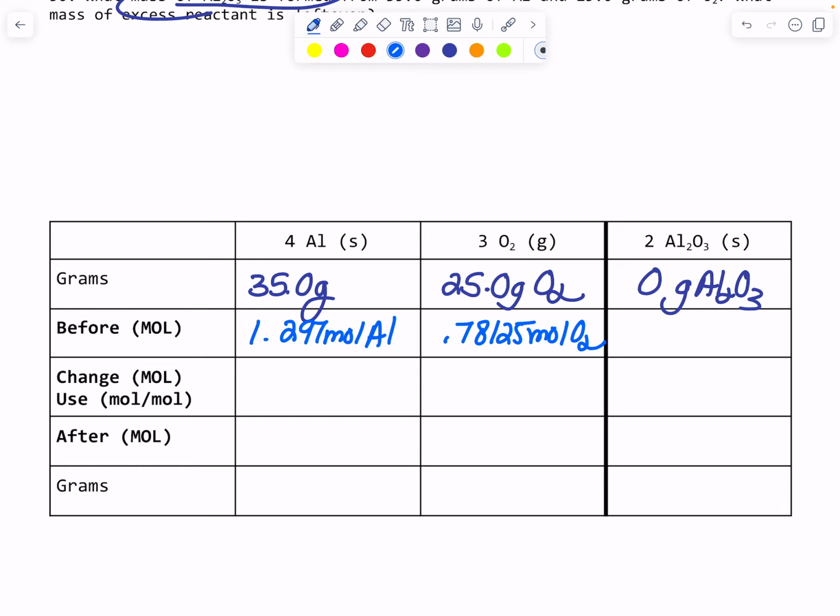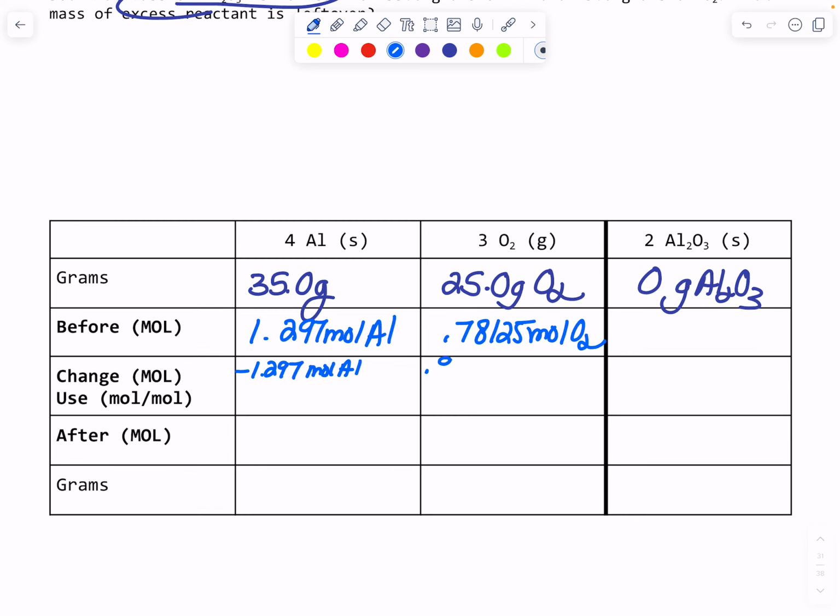If I use up 1.297 moles of aluminum, I would also wind up using 0.9729 moles of oxygen by multiplying by 3 and dividing by 4. Well, that would give me a negative number. So I know that this cannot be the way that it is. I can't actually use up all my aluminum.